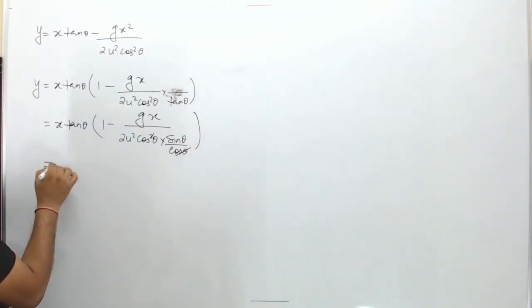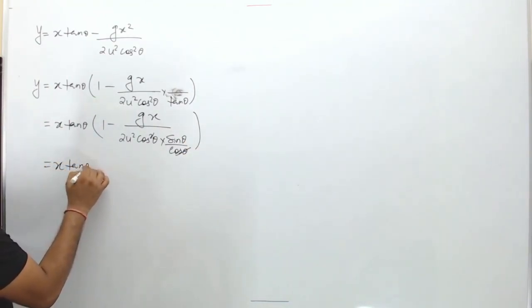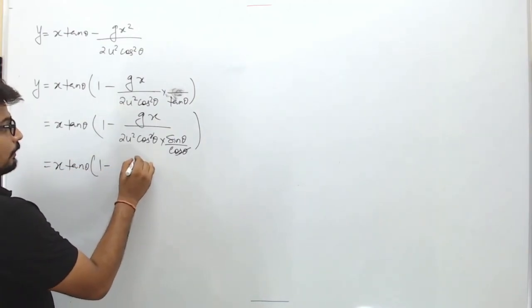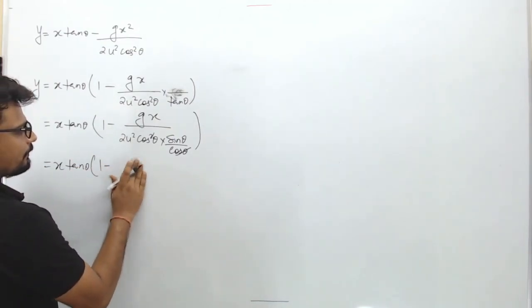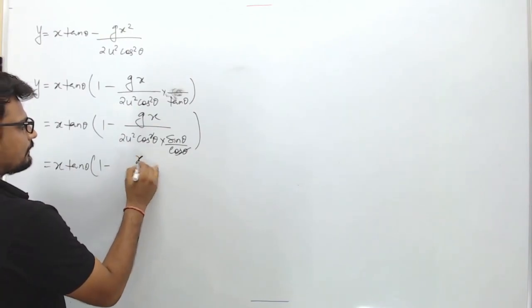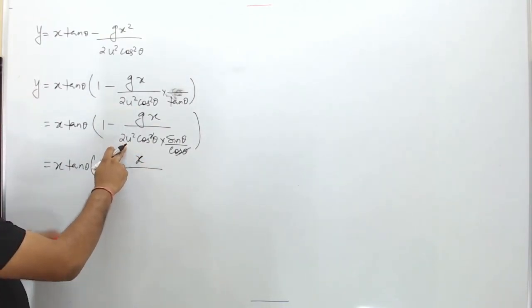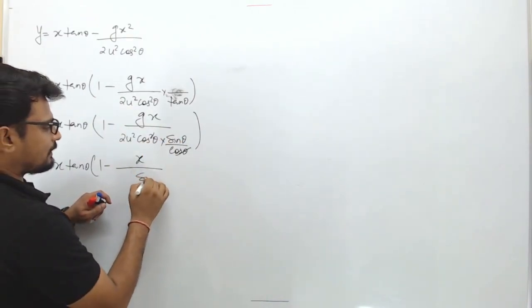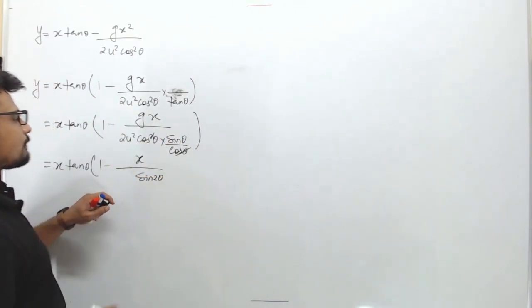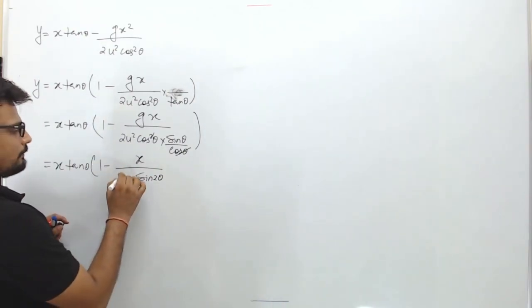So this is going to give you x tan theta times 1 minus, well, let me first write just x over here. And here we have 2 sin theta cos theta, which is sin 2 theta, and u square.